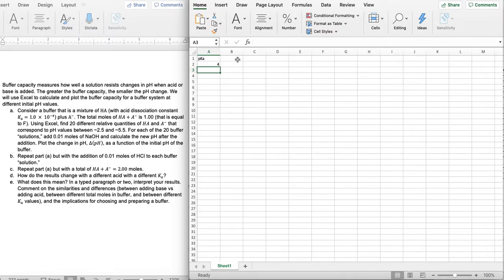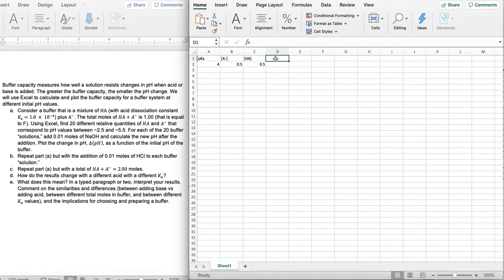All right. Well, let's just do one set of this equation here first, and then we'll do a bunch more, right? Then we'll figure out how to automate it. All right. So let's just say we have a situation where we have 50-50, equal amounts of A minus and HA.